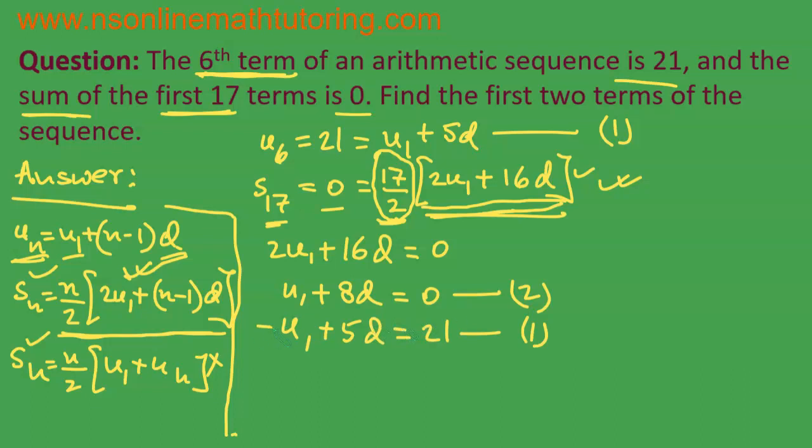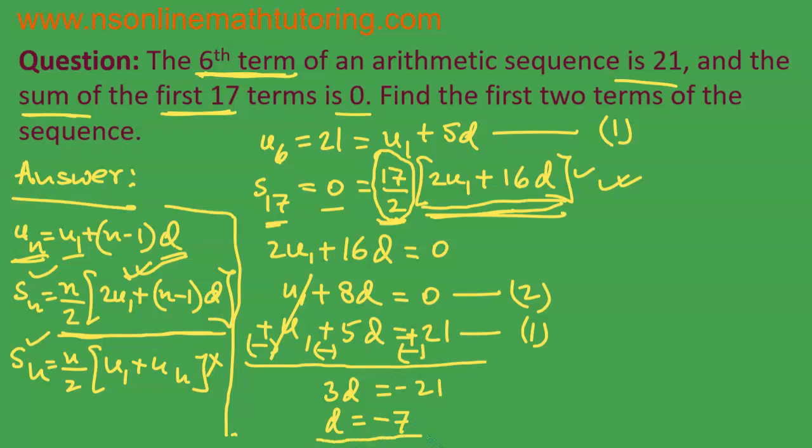So, first of all, I have to change the sign since I'll be subtracting equation number 1 from equation number 2. These two will be getting cancelled, and 8d minus 5d is equal to 3d, and 0 minus 21 is equal to negative 21. So d is equal to negative 21 divided by 3, or is equal to negative 7. We have got the common difference value.